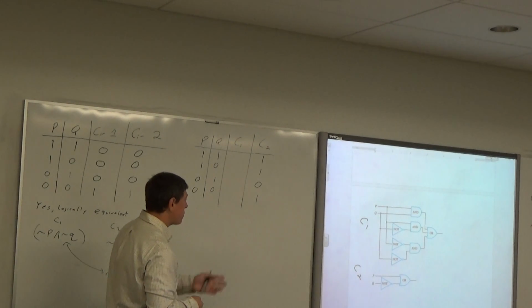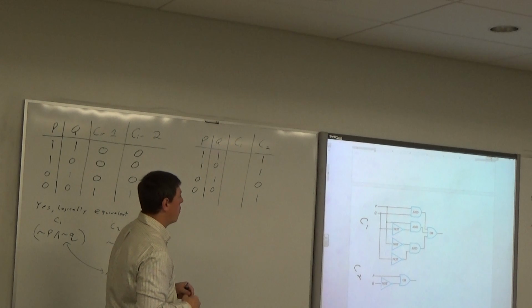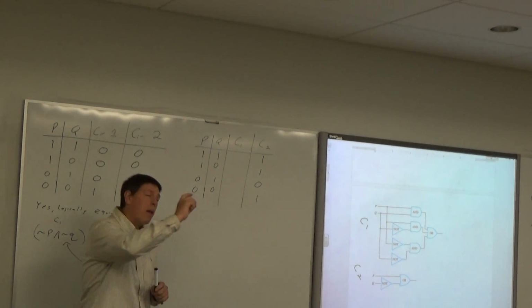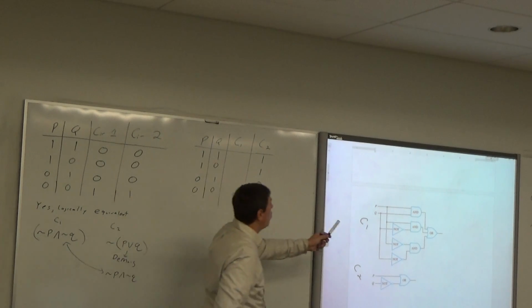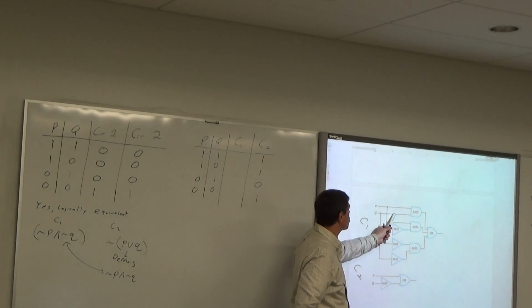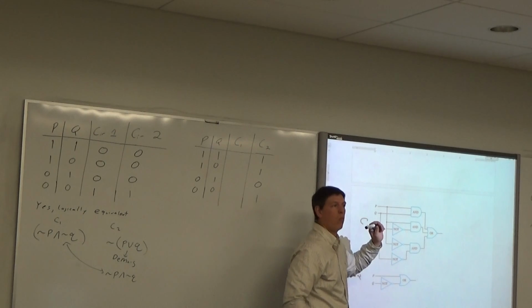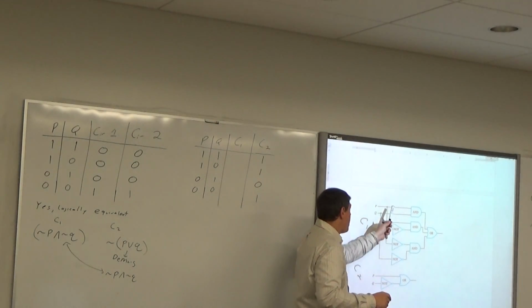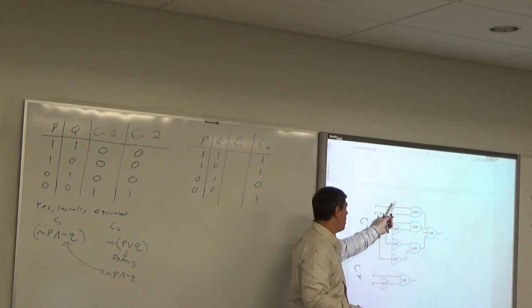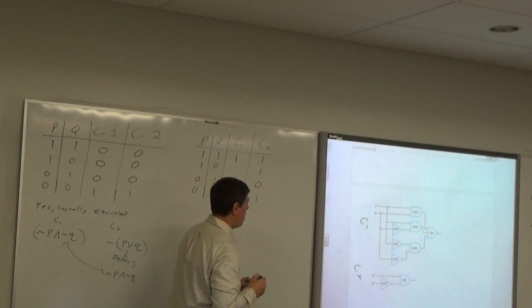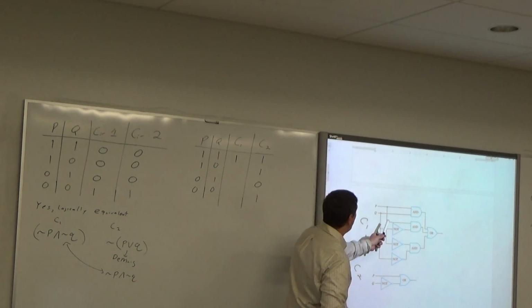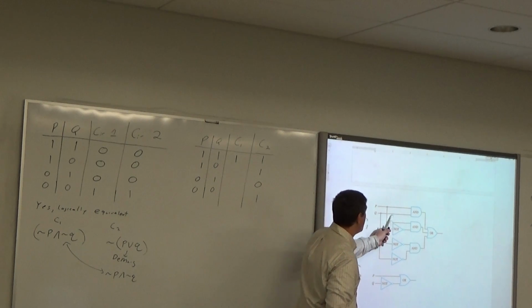Alright, guys, let's see if this circuit's true, okay? In fact, might it not be easier just to go one by one on these? What's the only time that this first component is true? When both are true. 1, 1, right? Any other time, forget it. Okay, so 1, 1 gives us a 1. What is the only time that the second component is true?